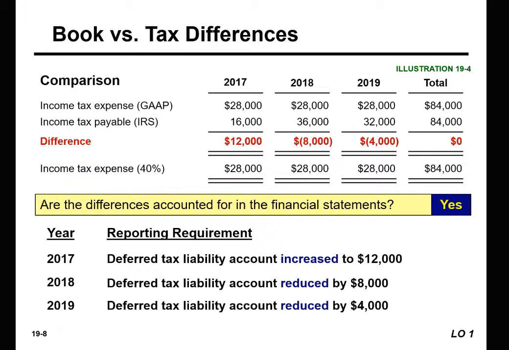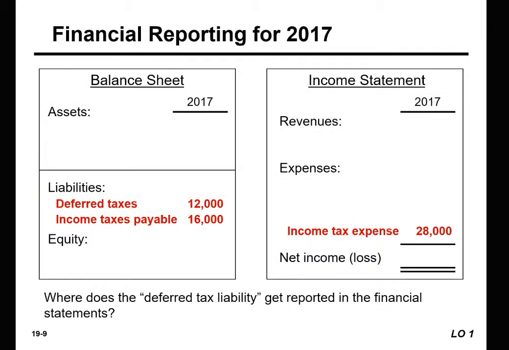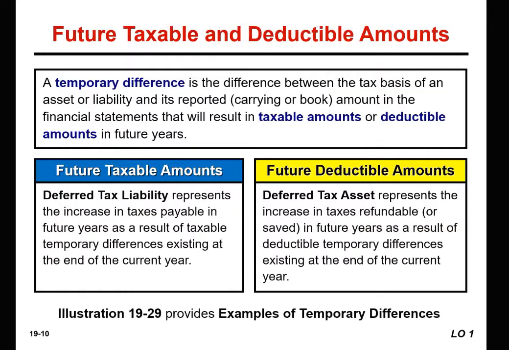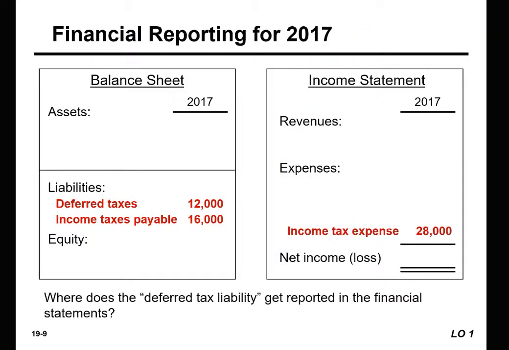Now, where does this deferred tax liability get reported on the financial statements? This deferred tax liability exists in the liability section, along with the income tax payable. So the amount actually attributable to the income taxes is also going to be in the liability section.